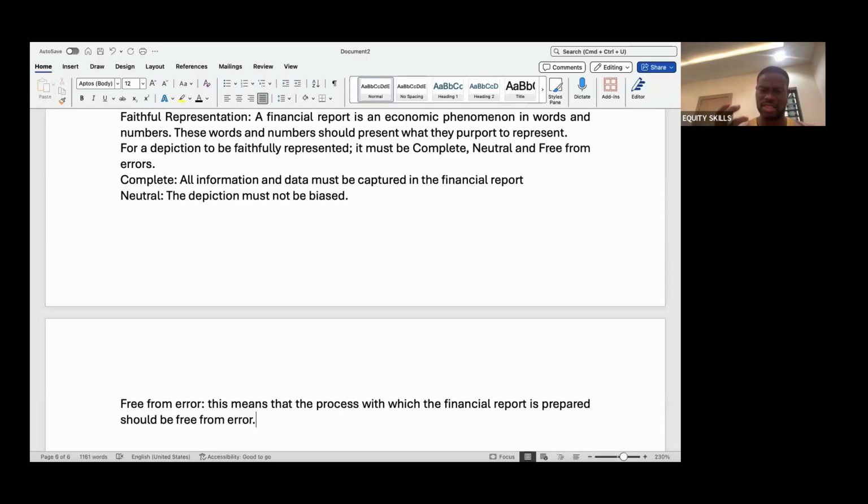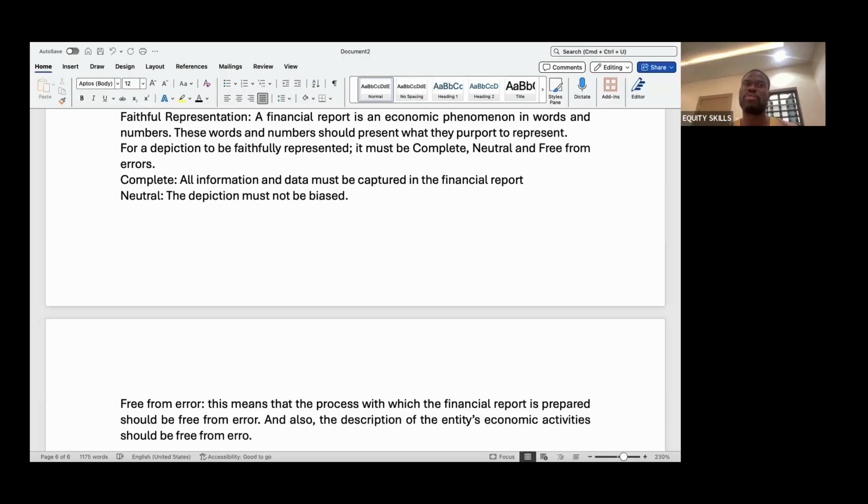You see, the process with which the financial report is prepared should be free from error, and also the description of the entity's economic activities should be error free.